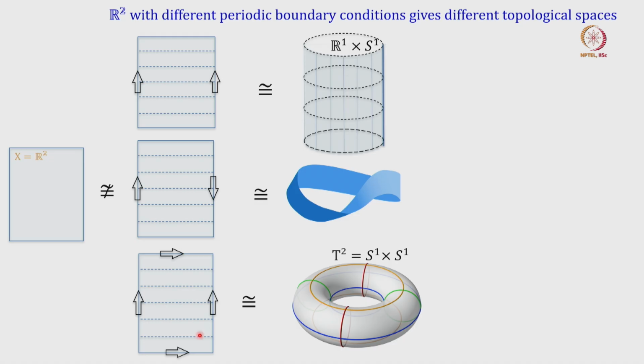The third one is going to give us the 2D Brillouin zone. What we have done is that every point along x direction is identified with every point at the x direction at a distance a, and every point on the y direction is identified with every point on the y direction at a distance b. So, how do you now wrap it?